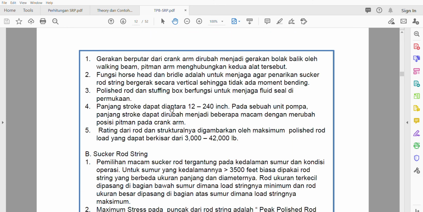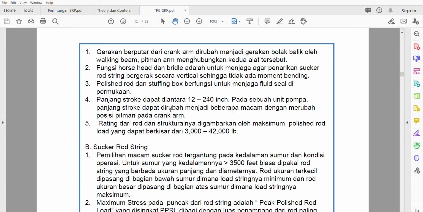So the moving of the crank arm changes the circular motion through the walking beam into up and down. The horse head and the bridle give a long line for this moving up and down on the string.